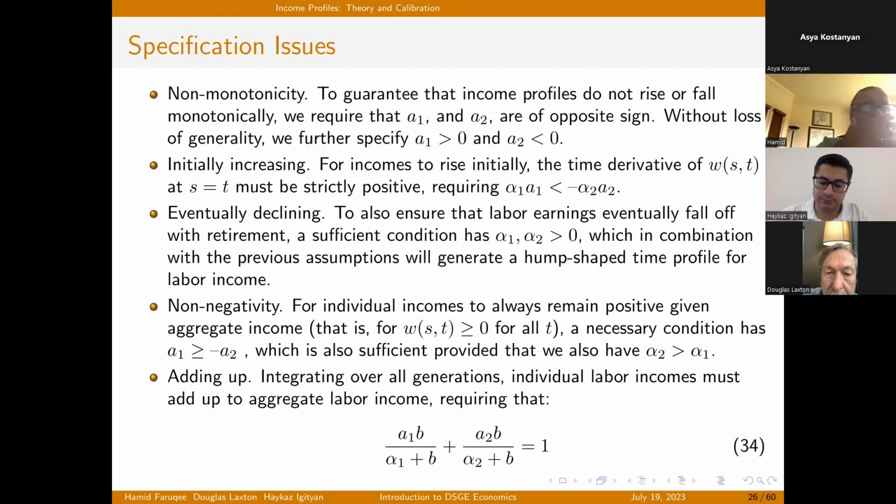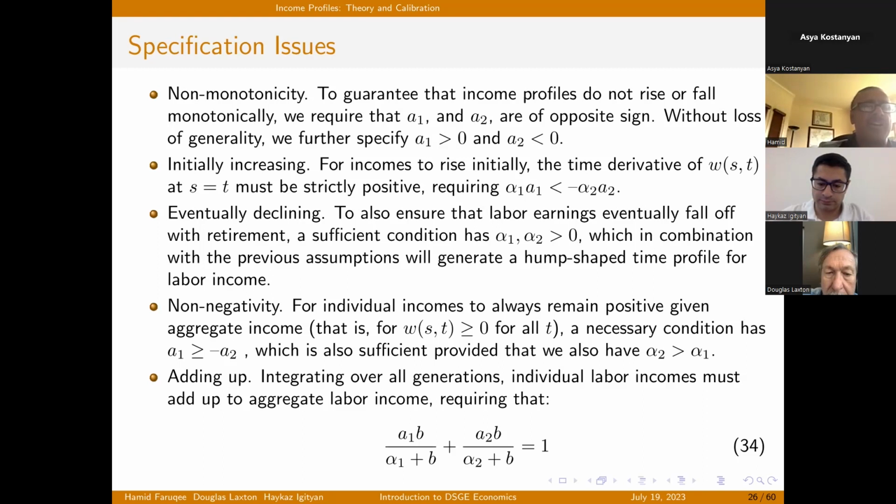So here we just talk about some specification issues on getting the hump-shaped income profiles that we want. Those impose certain parameter restrictions for the coefficients A1 and A2, and then also to have the income profiles be strictly positive, but eventually declining.